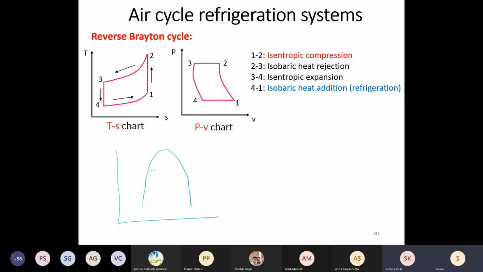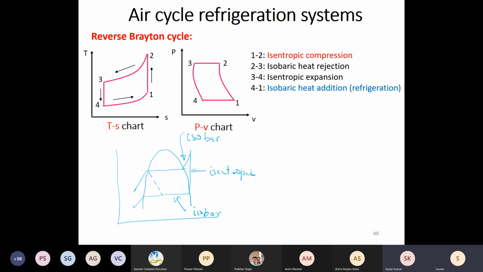What we have discussed in VCRS is still true, more or less, in case of a Brayton cycle. So in a VCRS cycle, these are the two isobars. Isobar, isobar. This is isentropic.